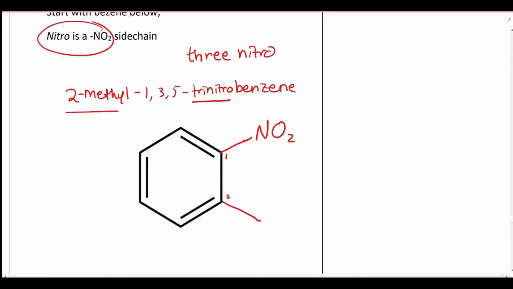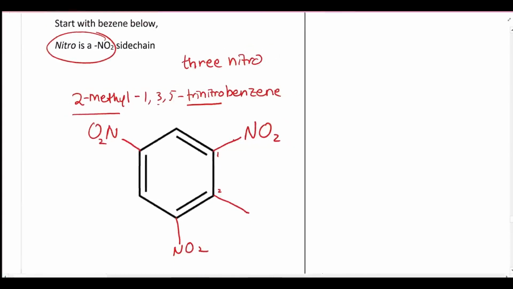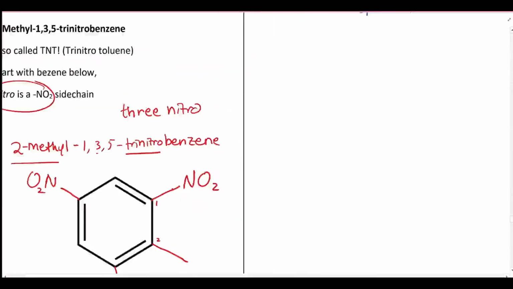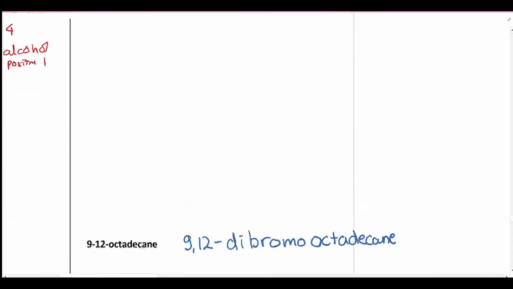Number 3, I have another nitro group. And in position number 5, I have another nitro group. There. Okay. So this is the structure of TNT, or 2-methyl-1,3,5-trinitrobenzene. Let's do one last example and I'll close the video for you guys.